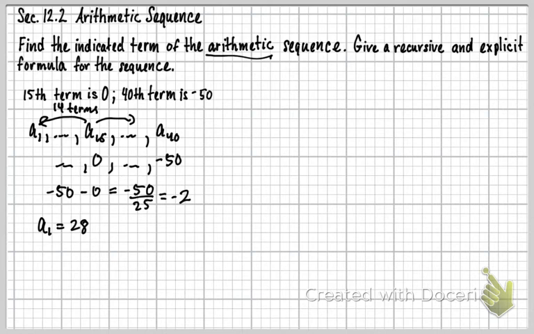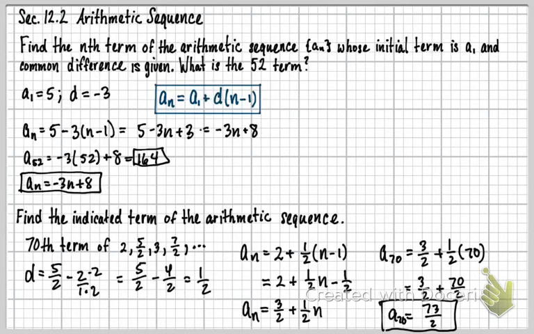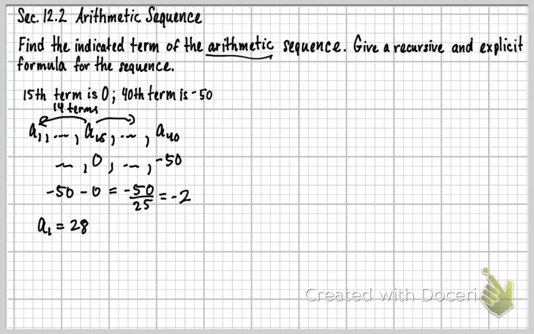So now I have everything I need for my handy dandy formula. You remember the formula? There it is. So that's the one we're going to use. So that gives us AN equals A1 plus, and I'm just writing out the formula again, D times n minus 1.